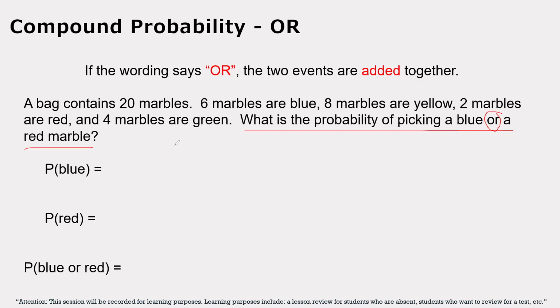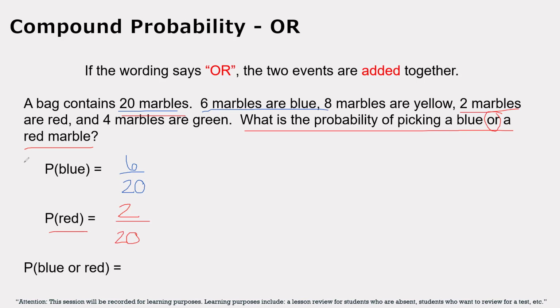But the process is still very similar where you can just find the probability of each and then combine it, add it together. So the probability of us getting a blue marble, there are 6 marbles that are blue, 20 total marbles. Then the probability of us getting a red marble, 2 are red, 20 total marbles.